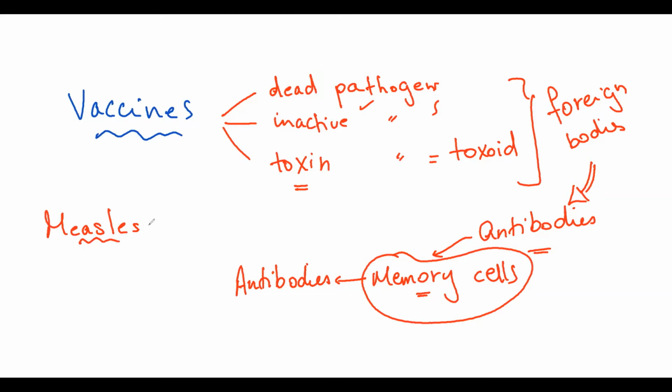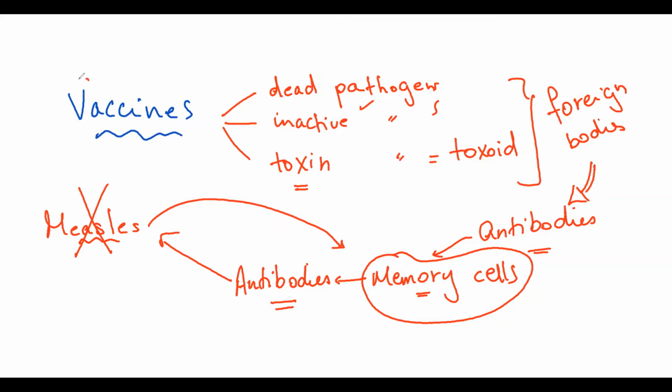If a measles virus tries to enter, the memory cells immediately will be activated, producing antibodies to destroy completely the virus before it tries to gain access to any part of the body. This is the importance or the effectiveness of vaccines.